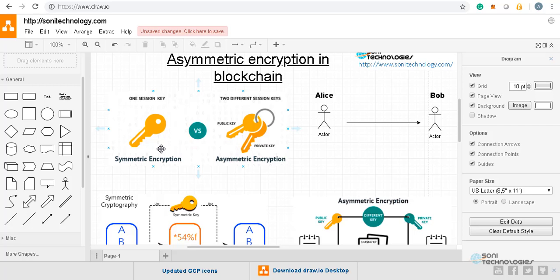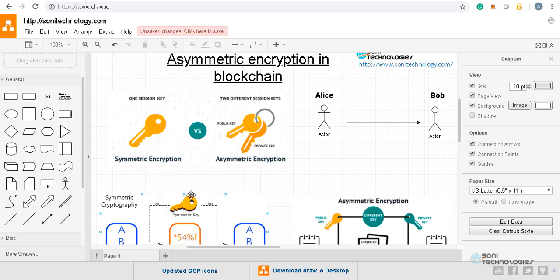While asymmetric encryption utilizes a pair of keys, a public key and a private key, for better security, where a message sender encrypts the message with the public key and the receiver decrypts it with his or her private key.